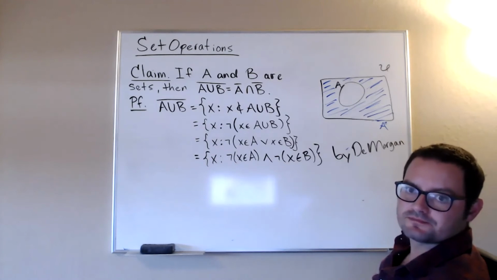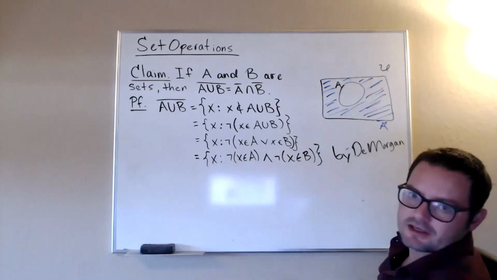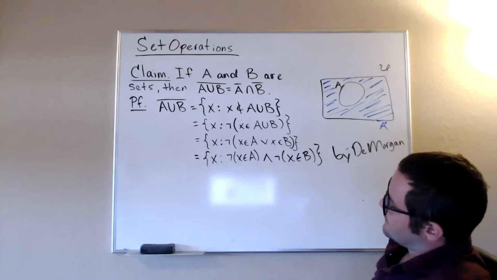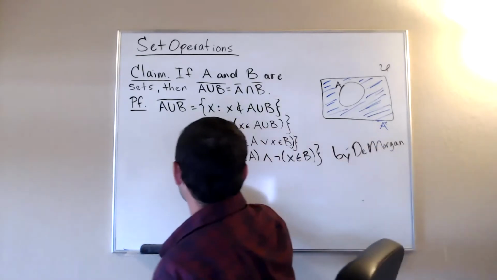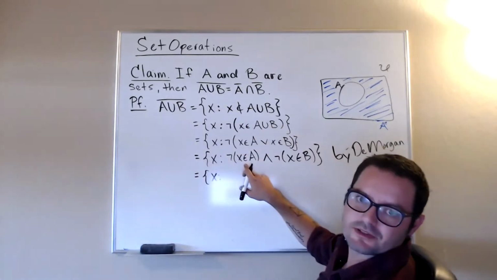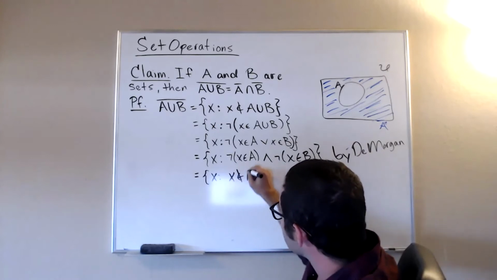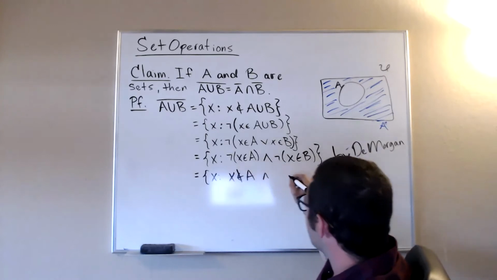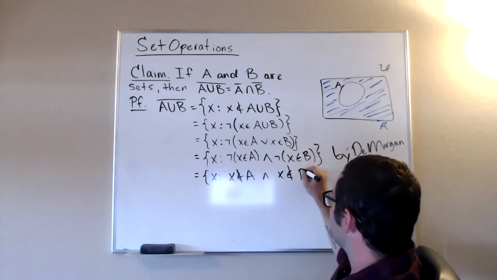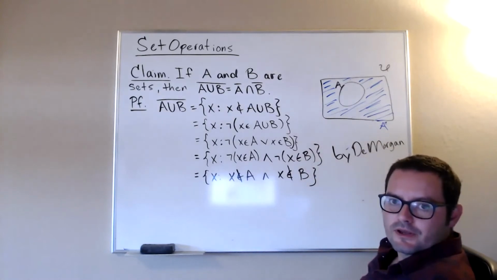From logic, right? You negate an or, and it becomes the and of the negations. But now we can rewrite this and say that it is not the case that x is in A. Another way of writing that is saying that x is not in A. And we negate this here and get that x is not in B. Okay?